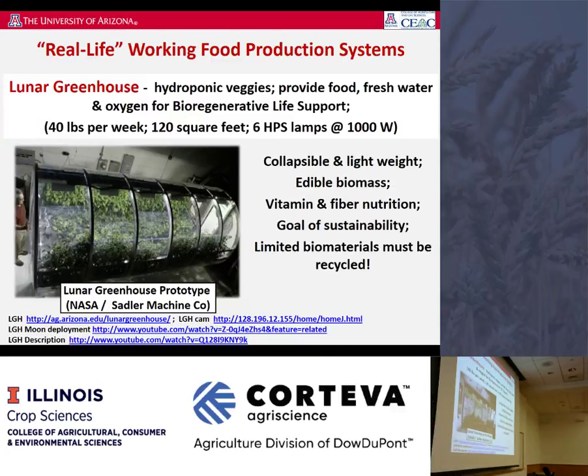So automation is important on the other planets. The lack of pressure, oxygen, obviously. But bottom line is, it's collapsible, it's lightweight, so that it can be shipped relatively easily. And it could provide vitamins and minerals. These are vegetable crops.